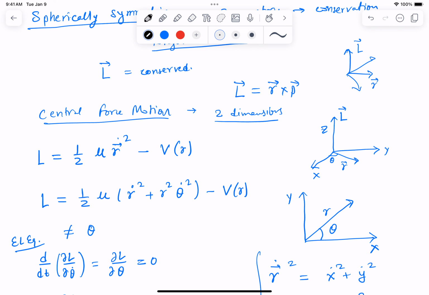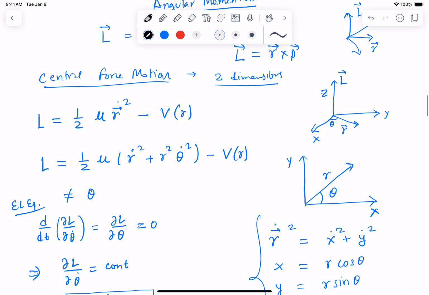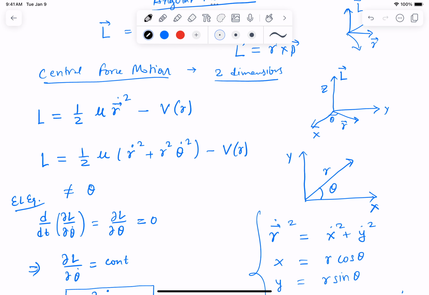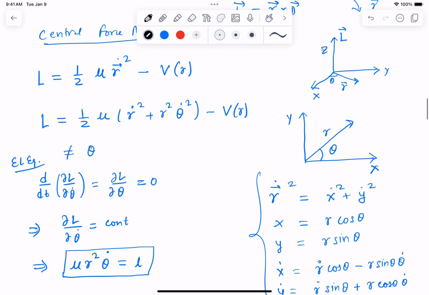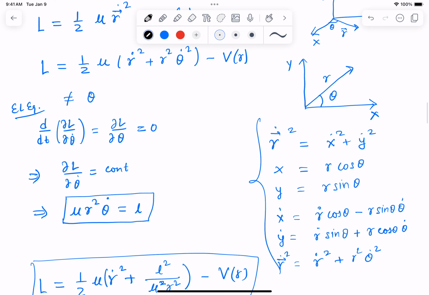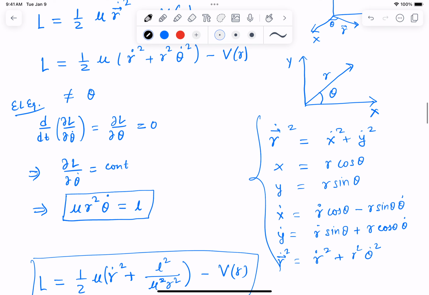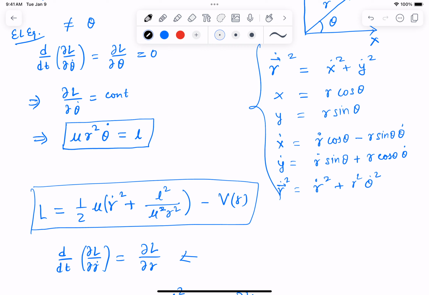So we only cared now about the radius r and the theta angle. Then in this Lagrangian, we again realized that theta is a cyclic coordinate. The Lagrangian does not depend on theta, it only depends on theta dot, which gave us that the magnitude of angular momentum is conserved. Once we had that, we converted this into a Lagrangian only in terms of r.